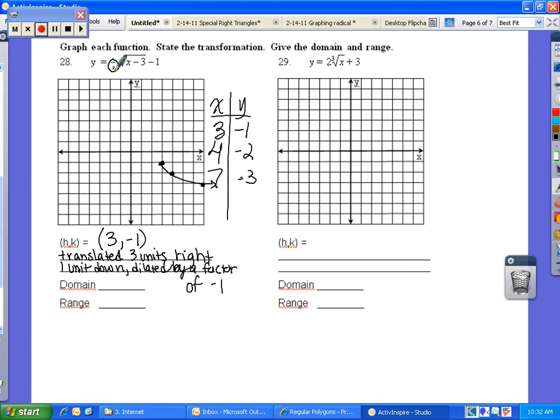And that again is taken straight from that -1 right here.